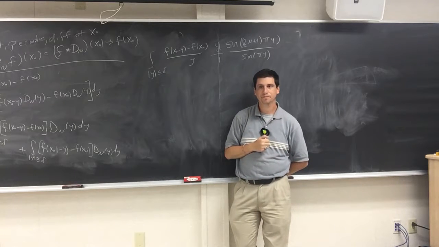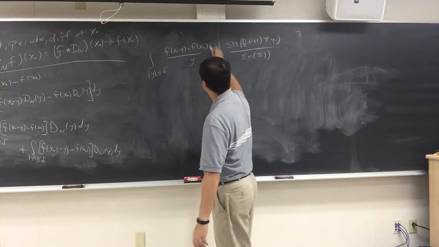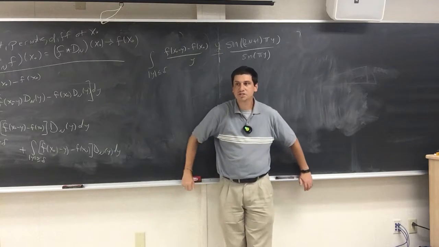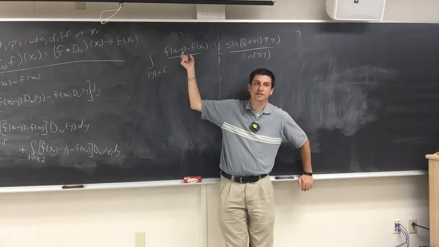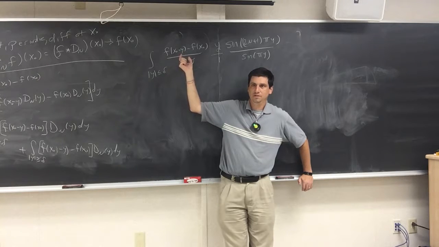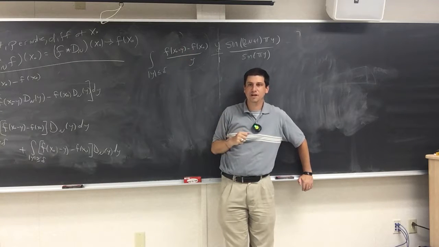Okay? Because my function is differentiable, as y goes to 0, is this well defined? Is this quotient well defined away from y equals 0? Yeah, because if y is away from 0, my function f is continuous, and I don't have to worry about dividing by 0.